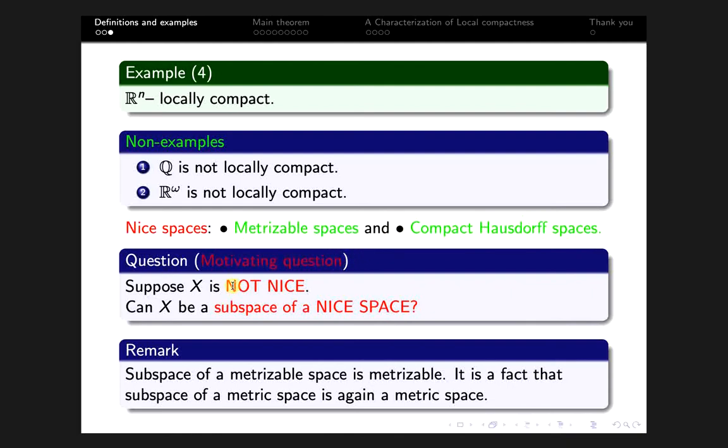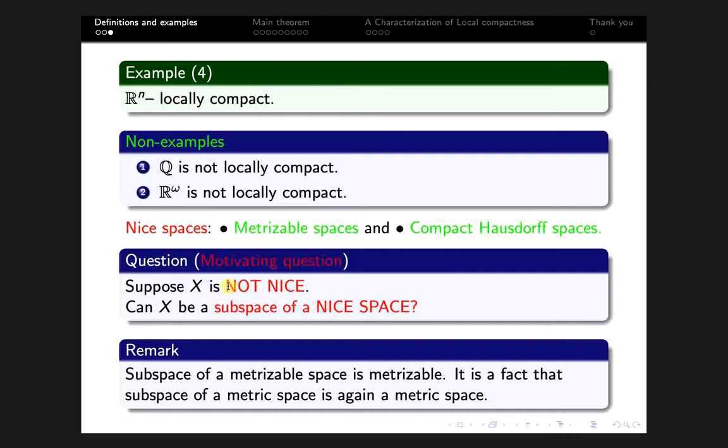Then we have asked the following question. Suppose X is not nice, that is X is not a metrizable space, nor is it compact and Hausdorff. Then the question is, can X be a subspace of a nice space?